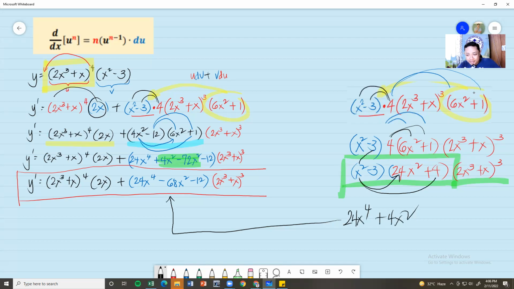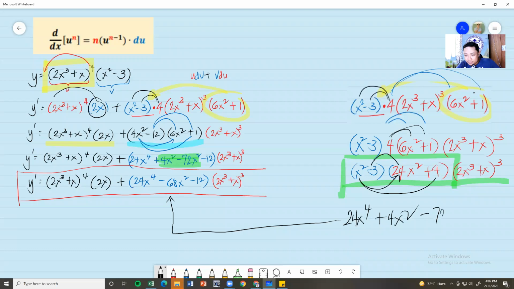Next, this one. X squared times 24x raised to that. Saan na ba ako? Ay, naulit ako. Dito na pala ako sa negative 3. Negative 3 times 24x squared. That becomes negative, ilan ba? 72.